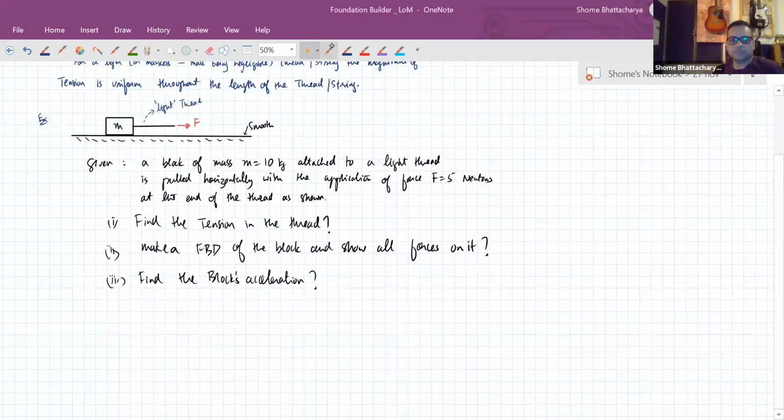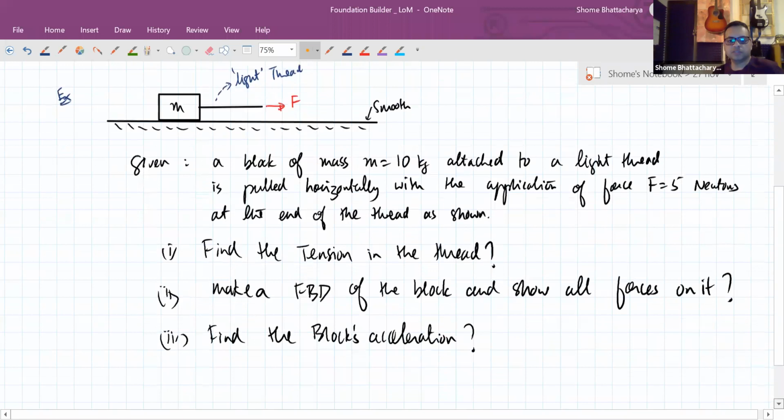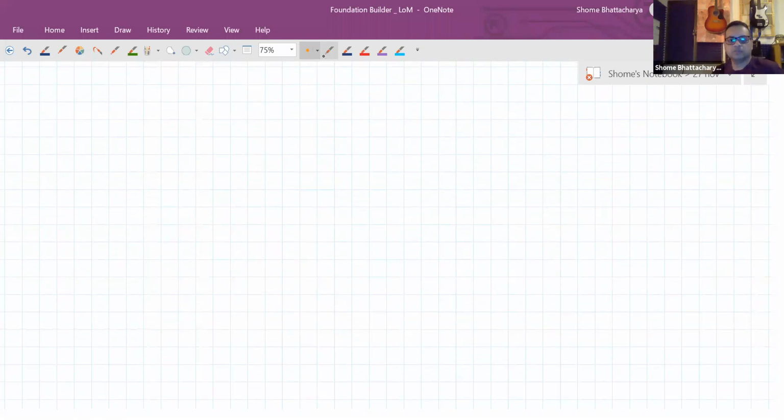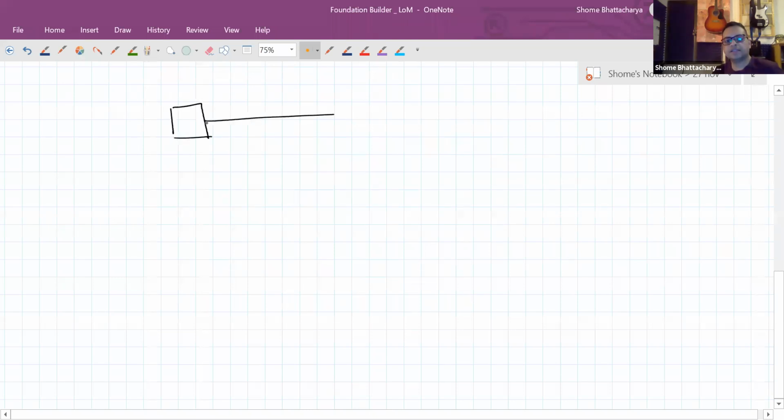So let's understand one thing. What is the principle, what is the concept we apply to find out the tension in the thread? It is nothing but Newton's third law. Look, at the end of the thread, whatever force I apply as an external agent, think of that as an action.